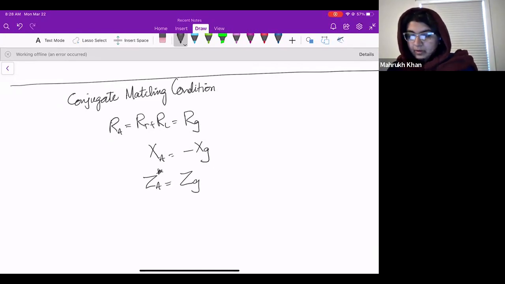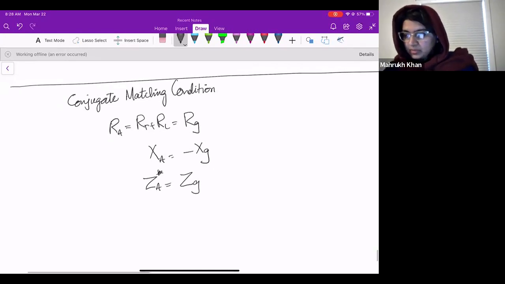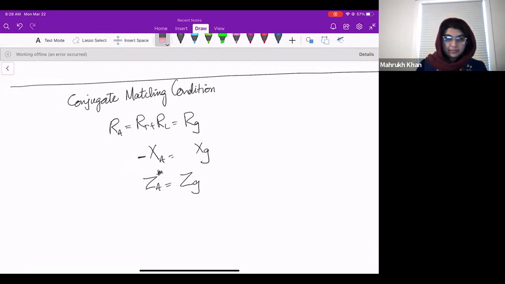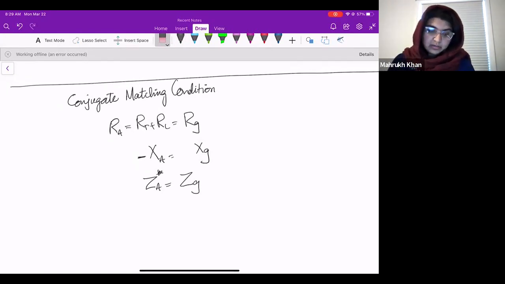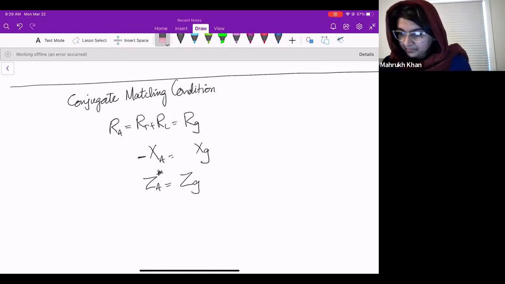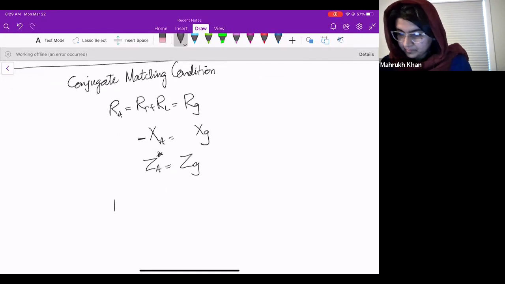Right? It's just the same thing. So that's what we are trying to say. Under conjugate matching condition, that's what happens. And from the expressions, we can say that PG is equal to PR plus PL.